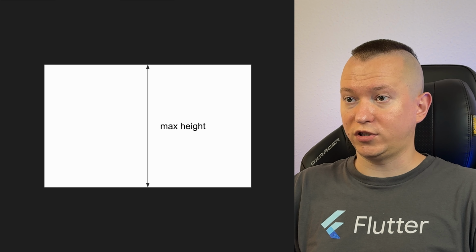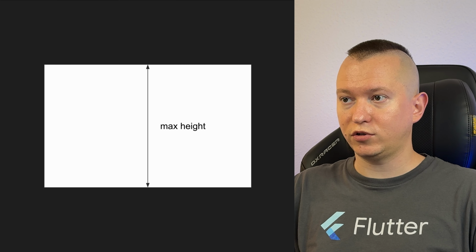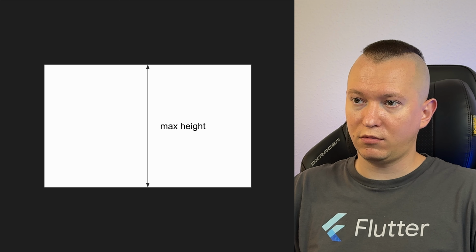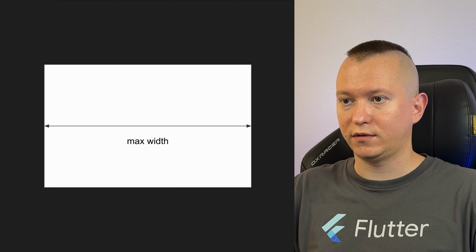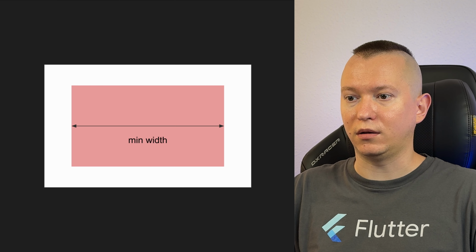Box protocol is what powers the most everyday widgets: columns, rows, paddings, and so on. It's called box because both constraints and sizes deal with essentially rectangles, boxes defined by width and height. To describe these constraints, Flutter uses four properties: maximum height, maximum width, minimum height, and minimum width.